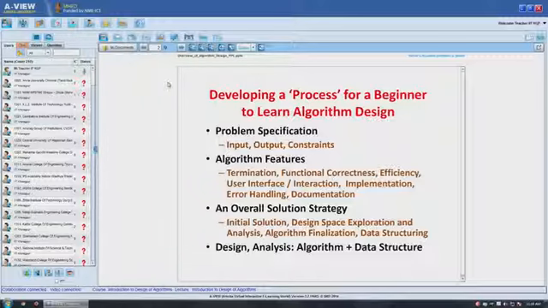The problem specification, if it is done ambiguously, will obviously lead to a wrong algorithm being designed. And the problem specification requires specification of the input, the output, and the various constraints that must be put in place. And we shall discuss in the whole process as the first step how to specify.